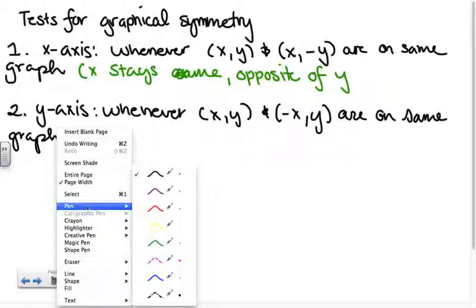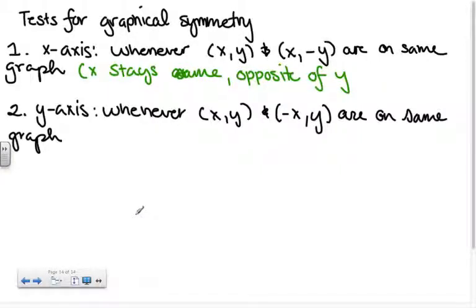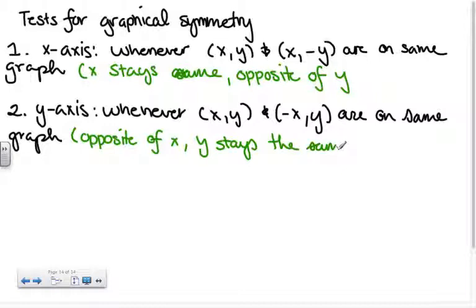Just like the situation with x and y intercepts, as we learned in the last video, for symmetry of the x-axis, y becomes the opposite. For symmetry of the y-axis, x changes. Okay.